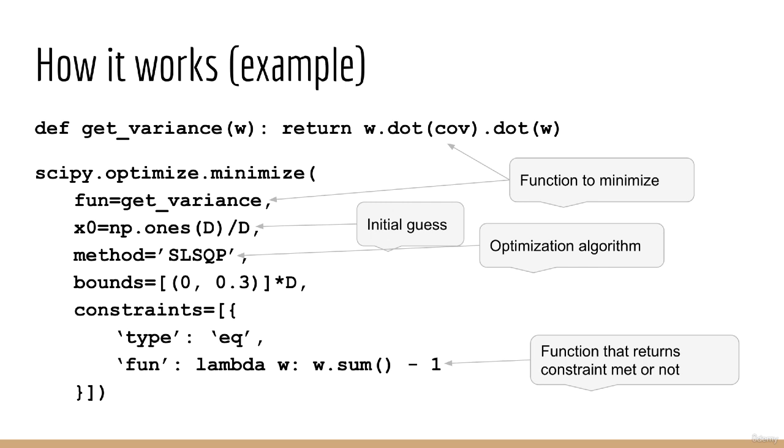Now, I want you to pay attention to the fact that this does not require you to pass in any specific matrices or vectors, like the covariance or mean return vector. All you're doing is passing in functions. This means that SciPy doesn't know what the parameters of your problem actually are, which on one hand makes this easier for you to write, but on the other hand makes it less optimal than using a QP solver directly.